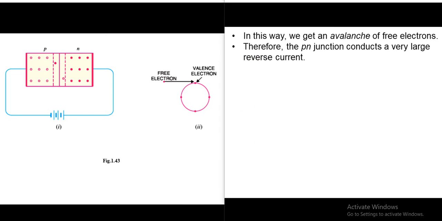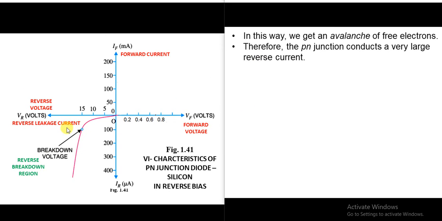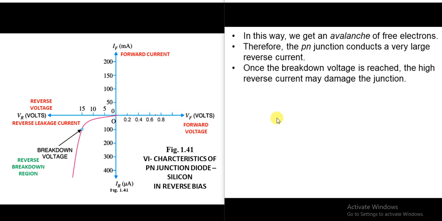Here this is the large reverse current because of the avalanche of electrons, and the avalanche breakdown region is said to be formed. Once the breakdown voltage is reached, the reverse current permanently damages the junction.